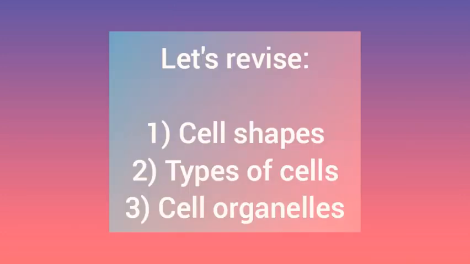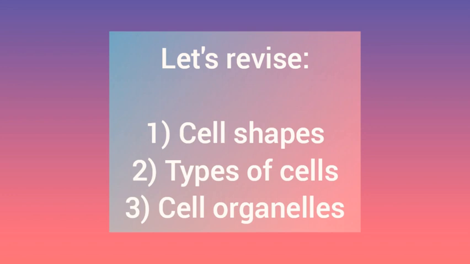So, in this lecture, we have seen cell shapes. Different kinds of shapes were there: circular, rod shape, columnar, spiral, oval, rectangular, etc. We have seen various cells also, then basic information of cell. Then thereafter, two types of cells were there: plant cell and animal cell.